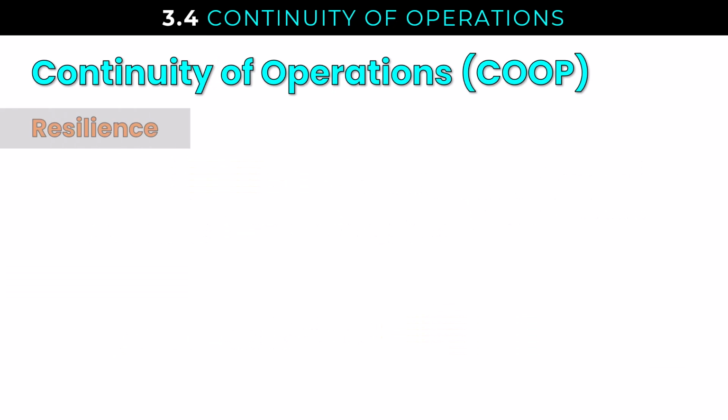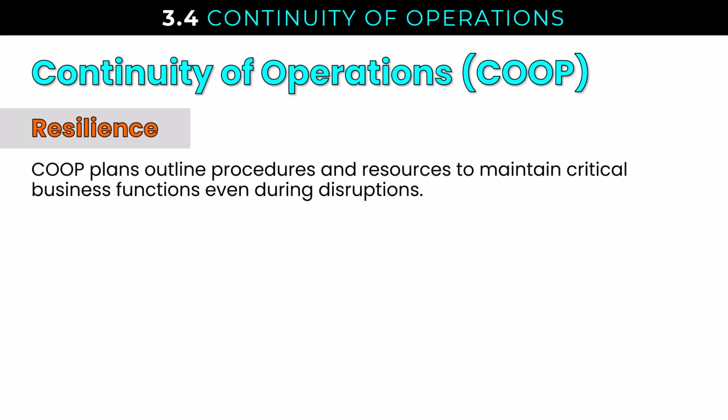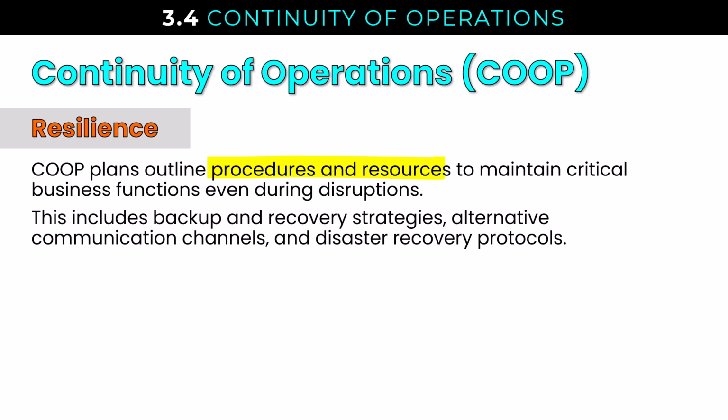So from a resilience perspective, what this means is planning, outlining procedures and resources to maintain critical business functions even during disruptions. This would include backup and disaster recovery strategies, alternative communication channels, and other disaster recovery protocols.